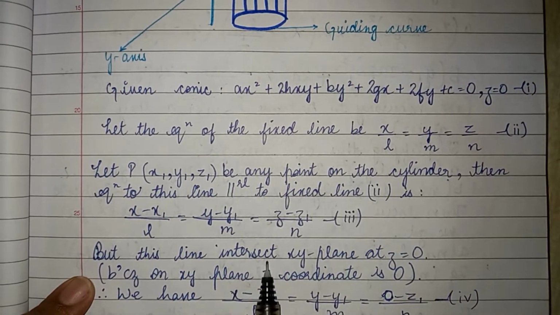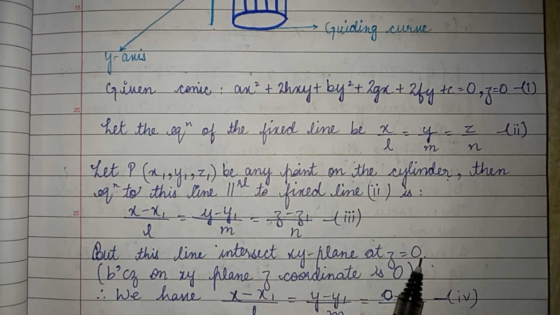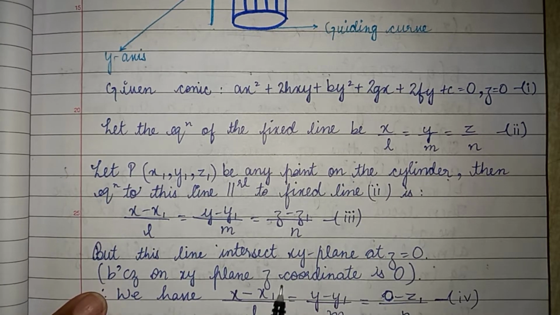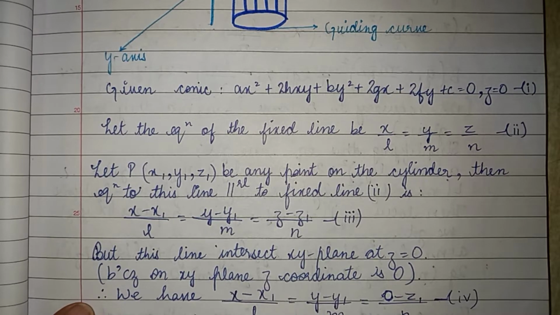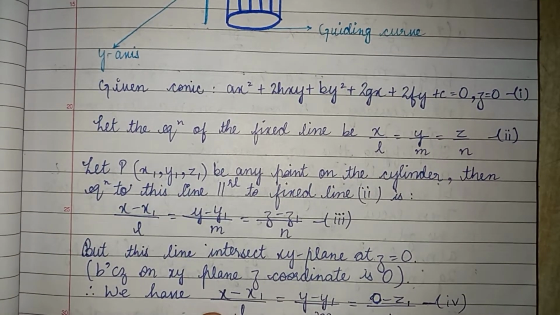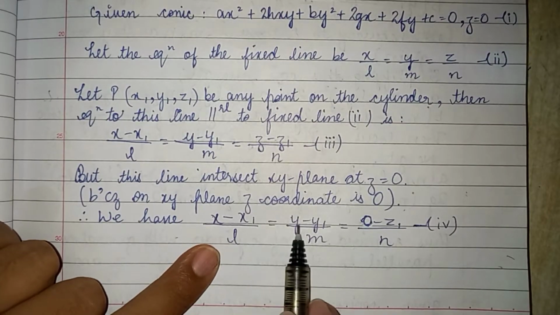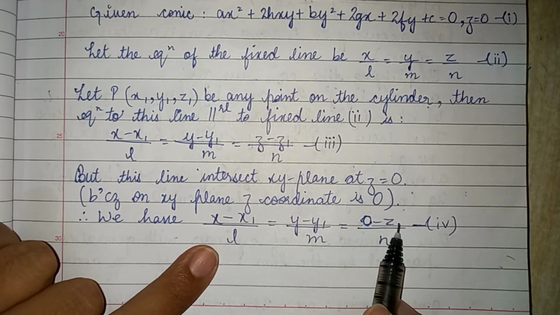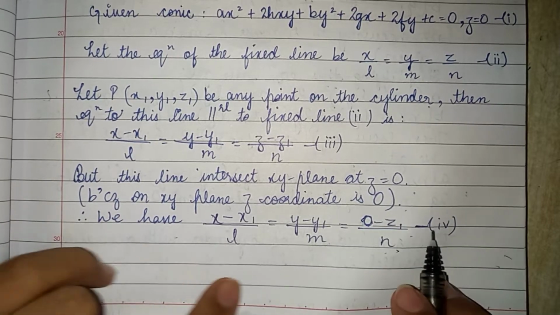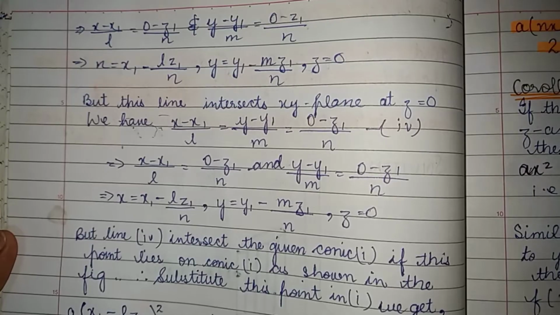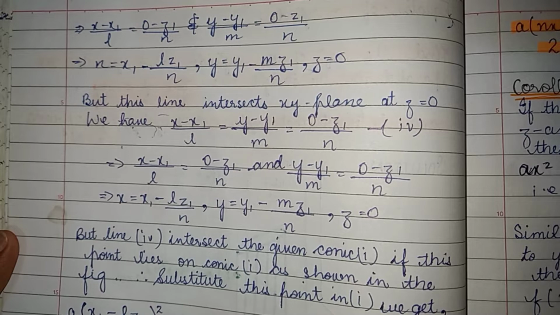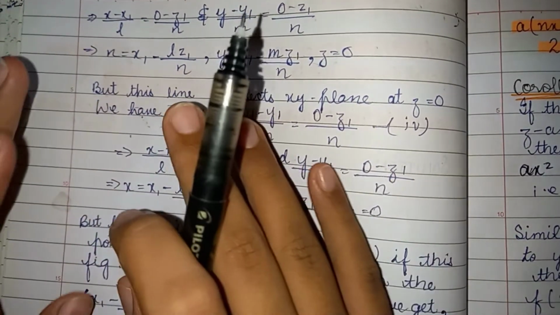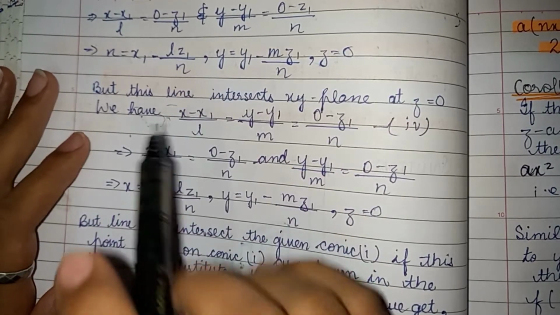But this line intersects the xy plane at z is equal to 0. Because on the xy plane the z coordinate is 0, we have x minus x1 upon l is equal to y minus y1 upon m is equal to 0 minus z1 upon n, and we will denote this line as the fourth one. Moving further, we can split it into two equations so that we can solve it easily.